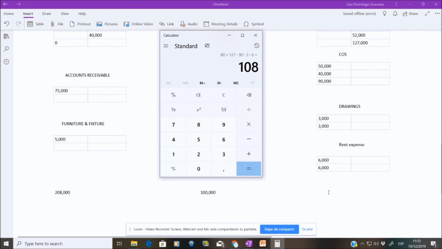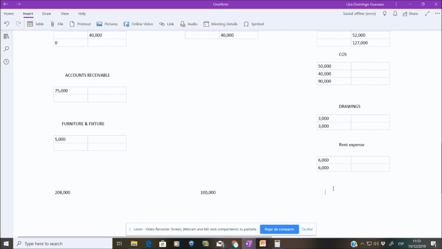So your total capital is 108. So as you can see, your assets is equal to your liabilities plus your capital.